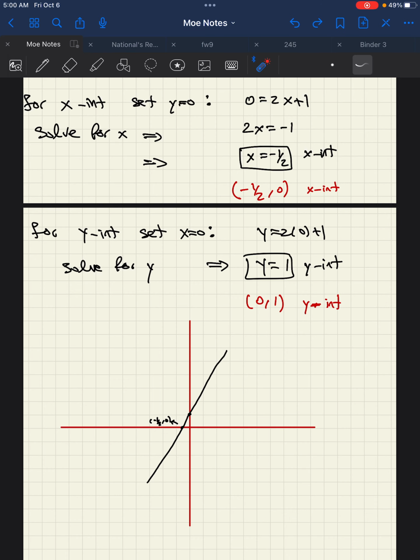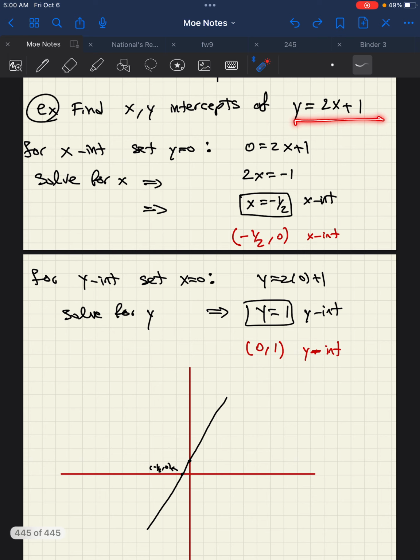That means you're going to put in this function y equal to 2x plus 1, your x is 0. So I put 0 here. So y equal 2 times 0 plus 1. So then you solve for y. 2 times 0 is 0 plus 1. So your y is equal to 1. That is your y-intercept. Then your point is x equals 0, y equal 1.